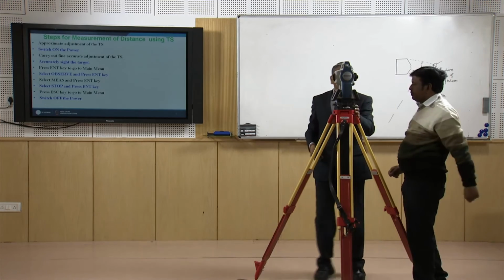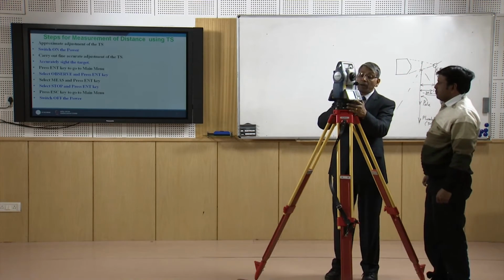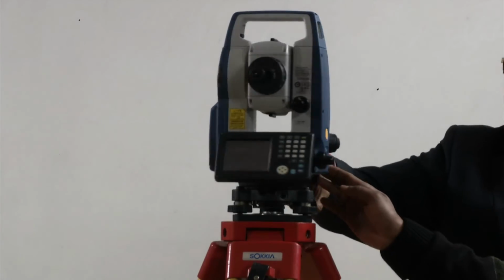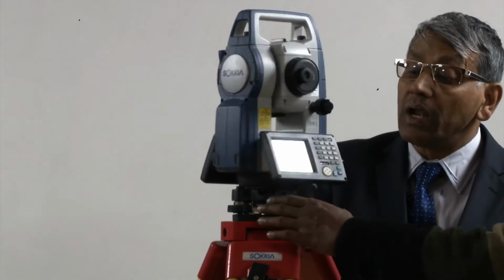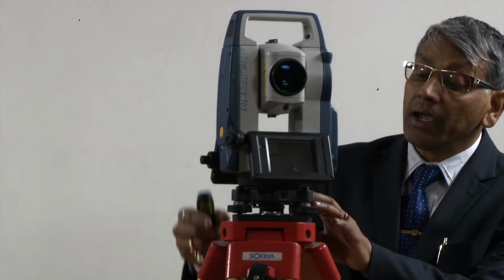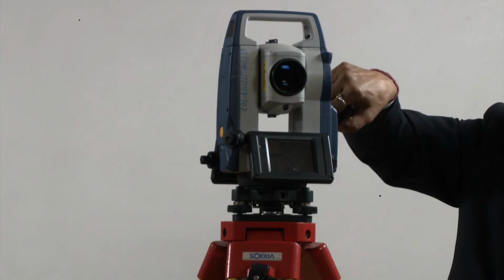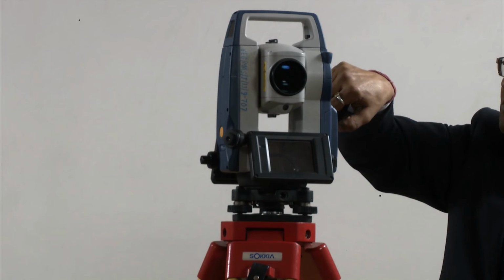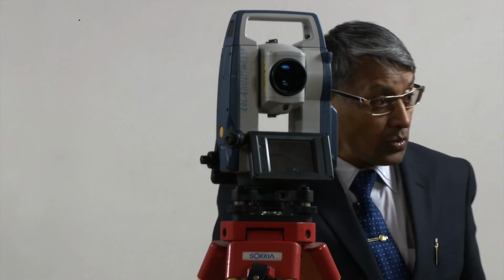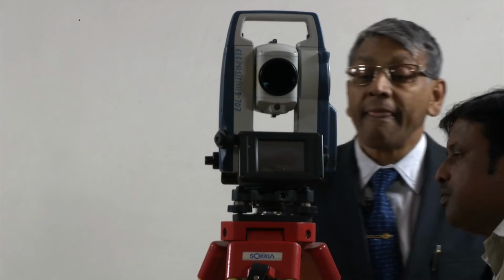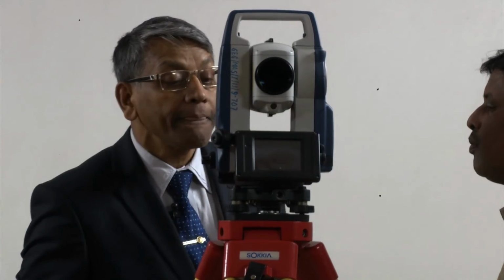Now, here you can see this is the circular bubble. We should check whether it is in the center or not. Since I can find that this circular bubble is not in the middle, using this tripod stand we should bring it to the middle. So, we are making it.